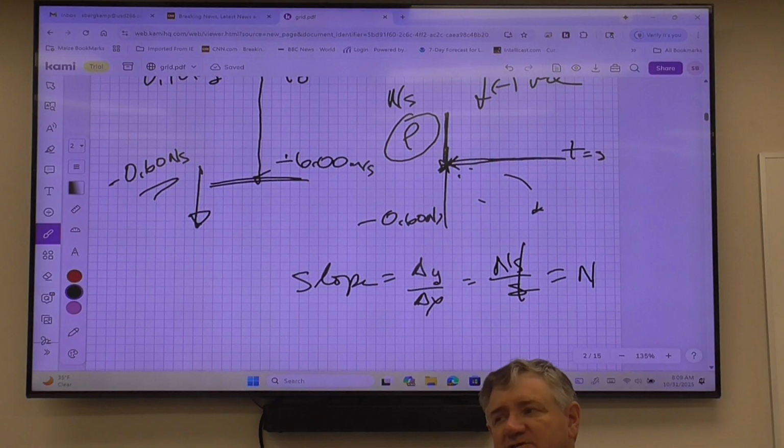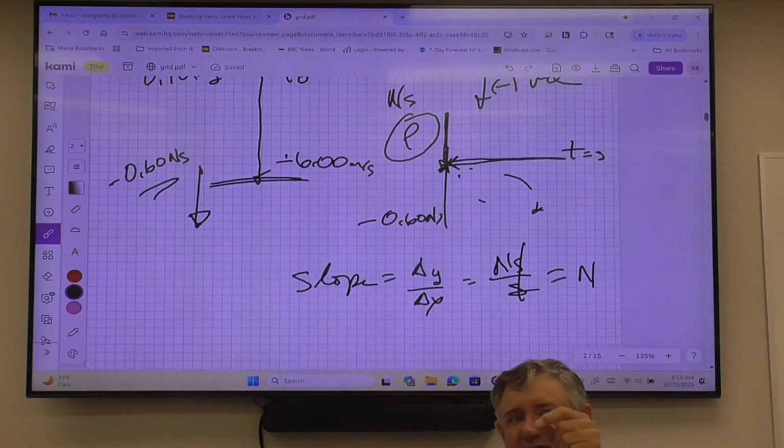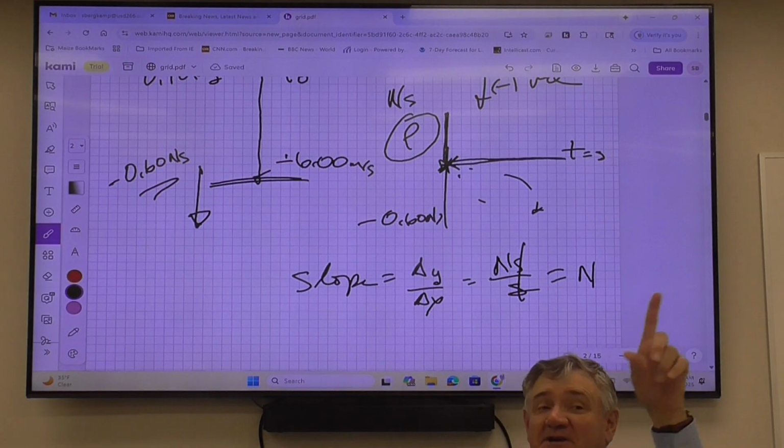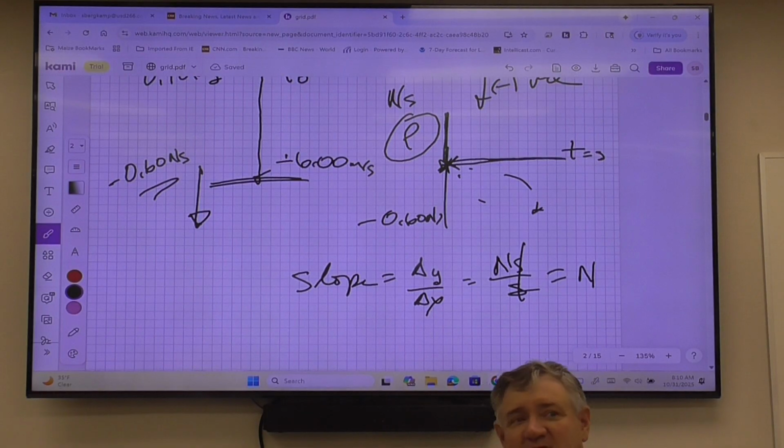So if the velocity is changing, what else is changing? Momentum. So if I'm going to change momentum, I have to change velocity. But to change velocity, what do you have to have? Acceleration. But to have an acceleration, you have to have a non-zero net force. Okay? So just because a force acts on an object doesn't mean the momentum is going to change.